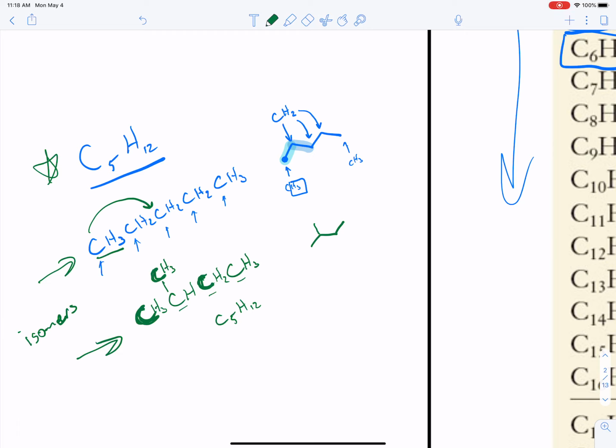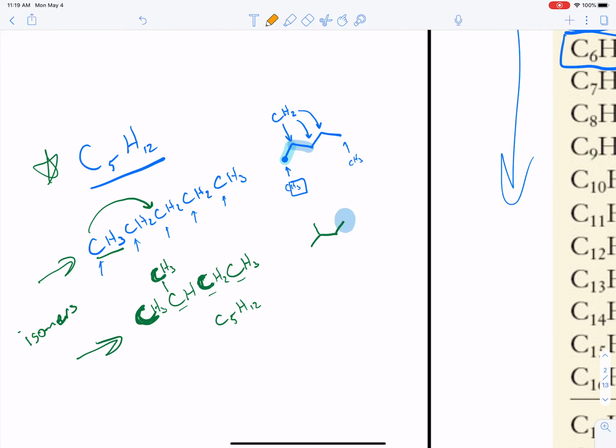And as we've talked about before, the structure of a molecule dictates its chemistry. So isomers are no exception to that.